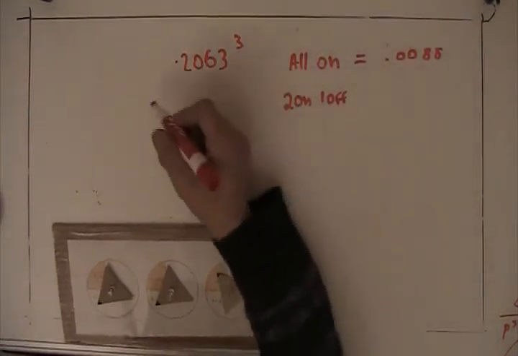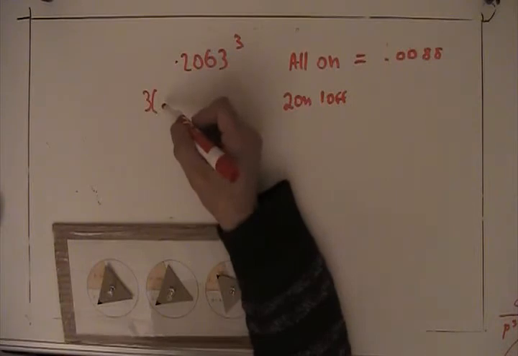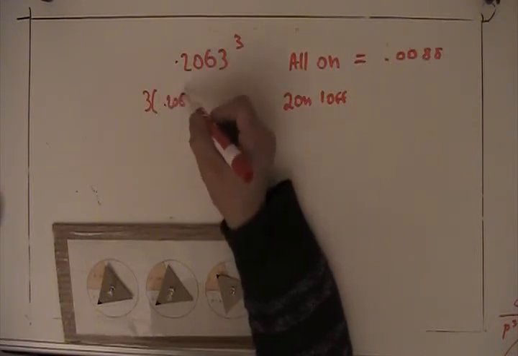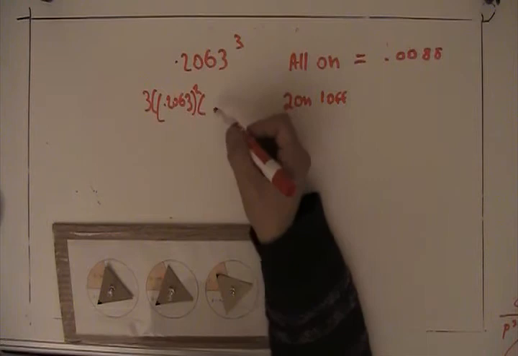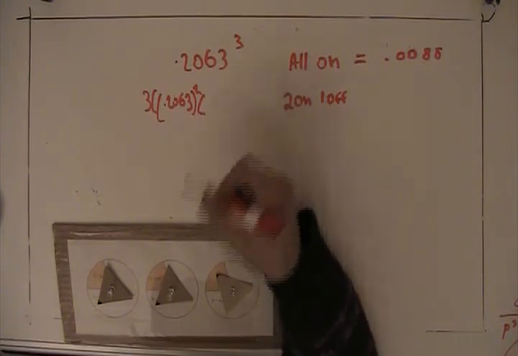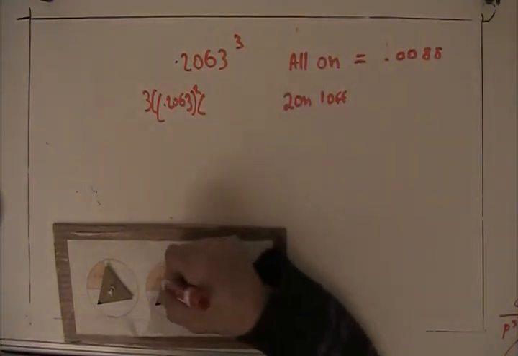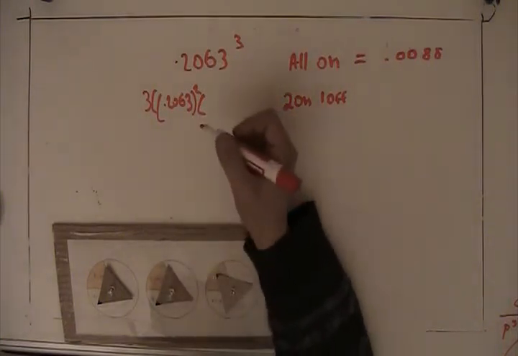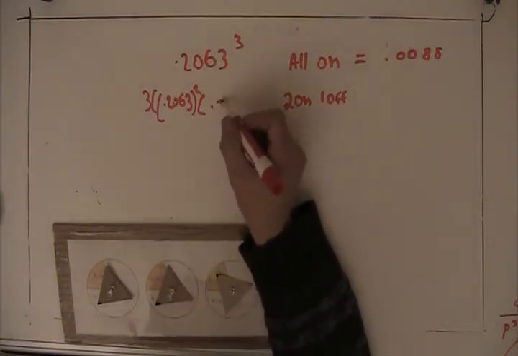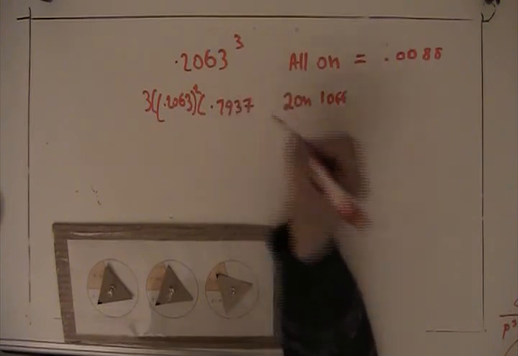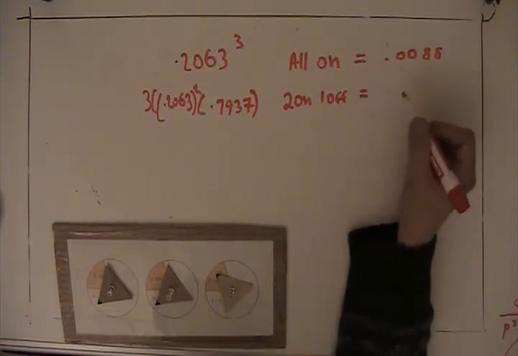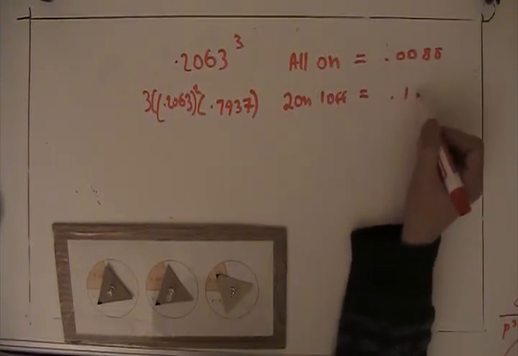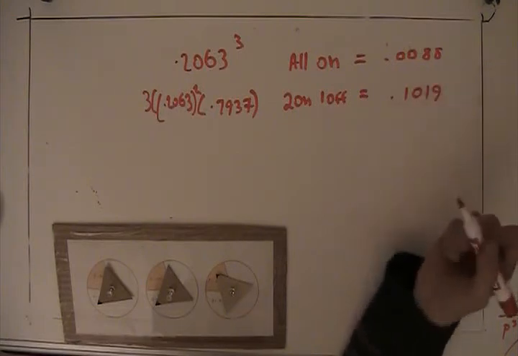And we had 3 times 0.2063 squared, and then we have to put in the probability of it being off, which is the remainder of the circle. So it's 1 minus 0.2063, so it's 0.7937. And that sums up to 0.1019.